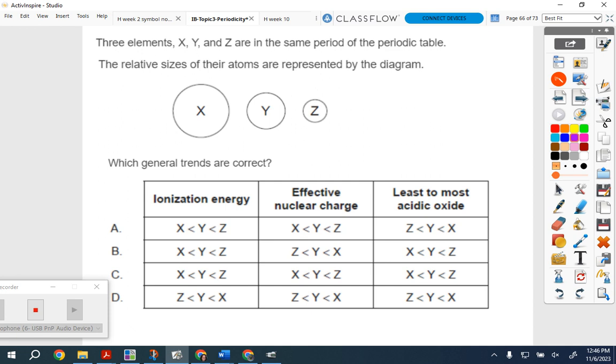Who's going to have the highest ionization energy? Okay, Z. Yep. So we can get rid of choice D because that's not correct. Who's going to have the highest effective nuclear charge? Yade.